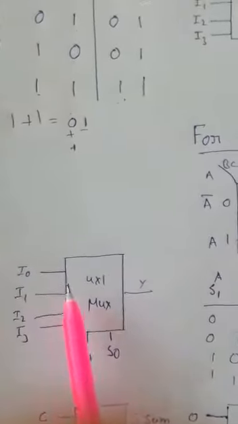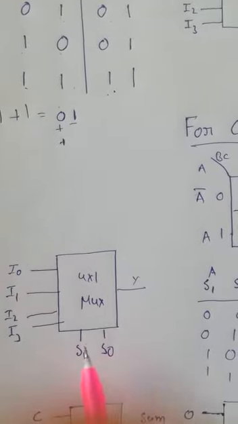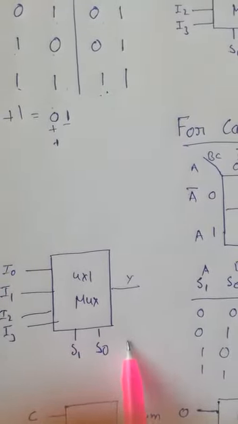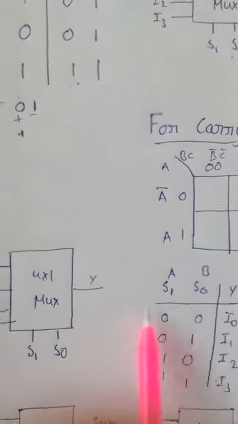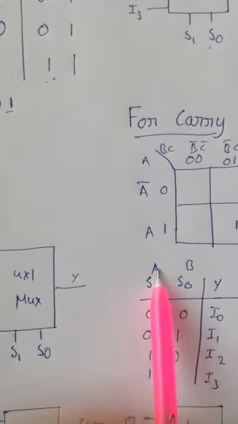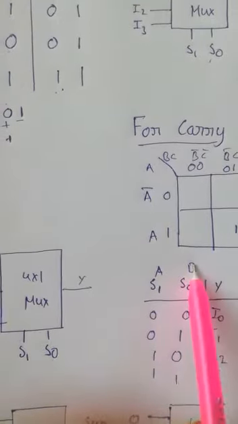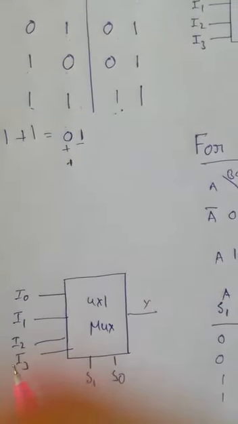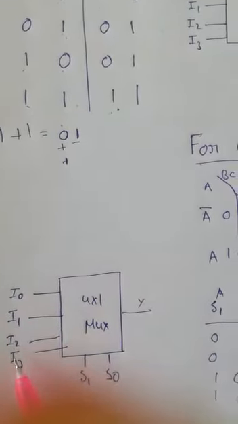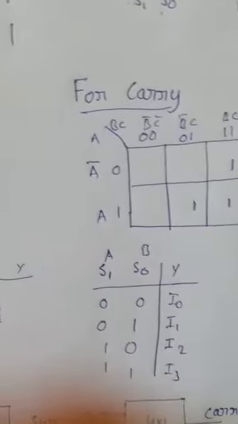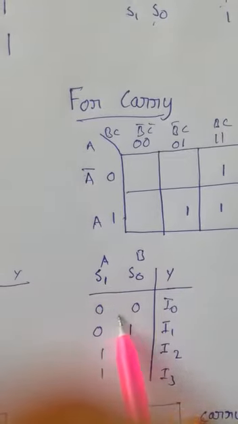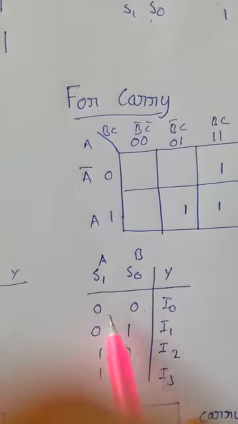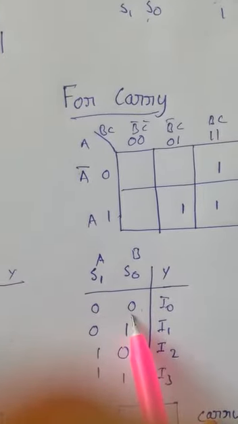That is, we have taken N, that is 2 selectors. So we have S1 and S0. Now we are taking S1 as A and S0 as B. And we have 4 outputs, I0, I1, I2 and I3. Now we are going to select one selector line, that is 0 and 0.